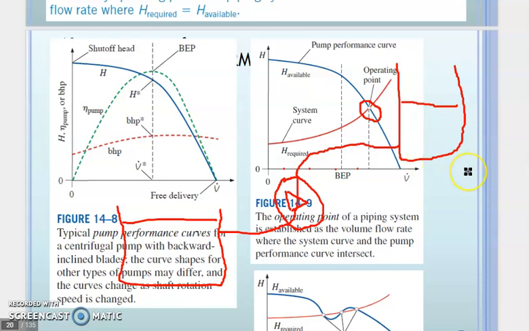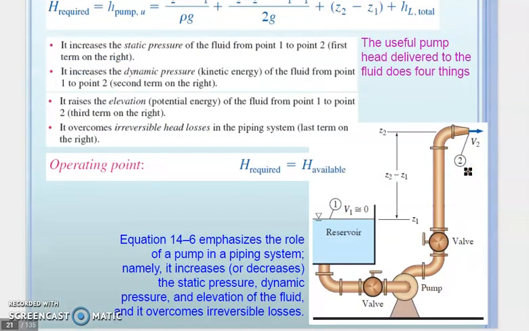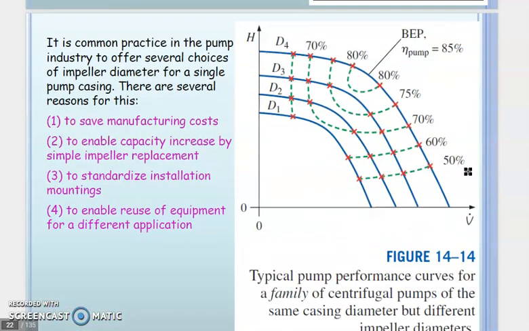Okay, so next we proceed with this one. It is a common practice in the pump industry to offer several choices of impeller diameter for a single pump casing. Okay. So let's say I am a pump manufacturer, a pump supplier.